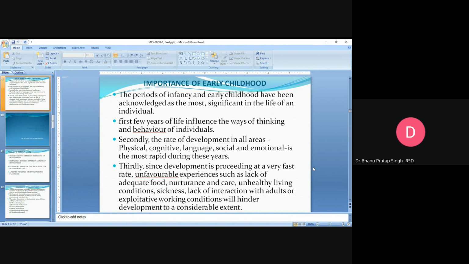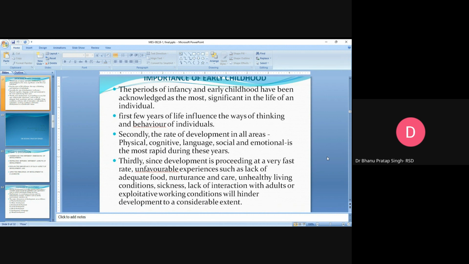These are the importance. Thirdly, since development is proceeding at a very fast rate, unfavorable experiences such as lack of adequate food, lack of nurturance, lack of care, unhealthy living conditions, sickness, lack of interaction with adults, or exploitative working conditions will hinder development to a considerable extent. So these are the hindrances which affect the proper development of the child.